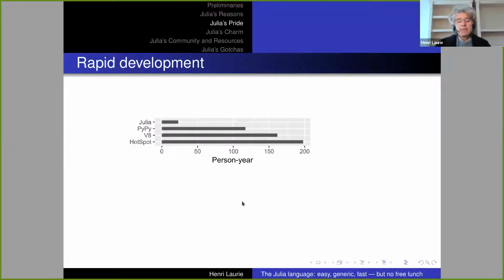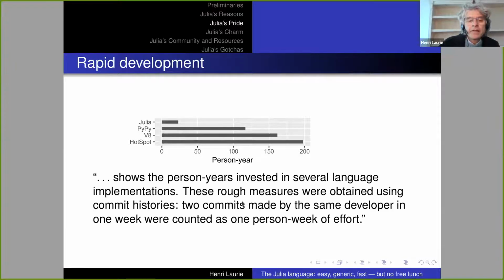So here is the claim of rapid development. This is an analysis of person years spent developing and maintaining high performance languages, and it was obtained by using commit history.